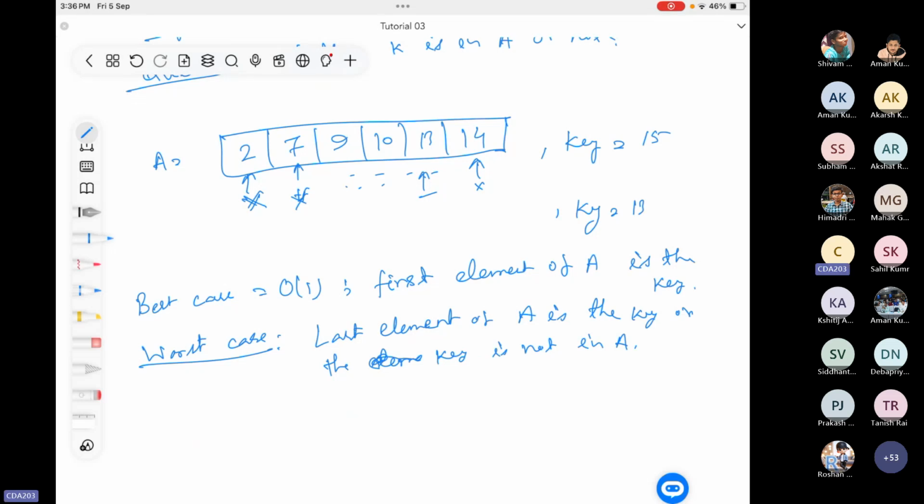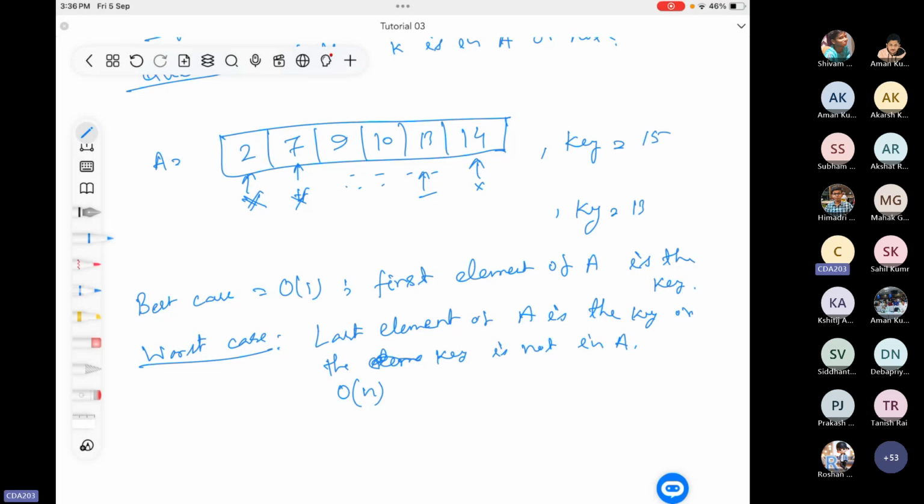Not only the last element, I mean, you can observe that if the element is not there, you have to search the whole array to find whether it's there or not. So still you have to cover the whole array. And why is it the worst case? Because you have to check every element at least once. So the time consumed by this is order n, the length of the array. The worst case running time is order n, right?